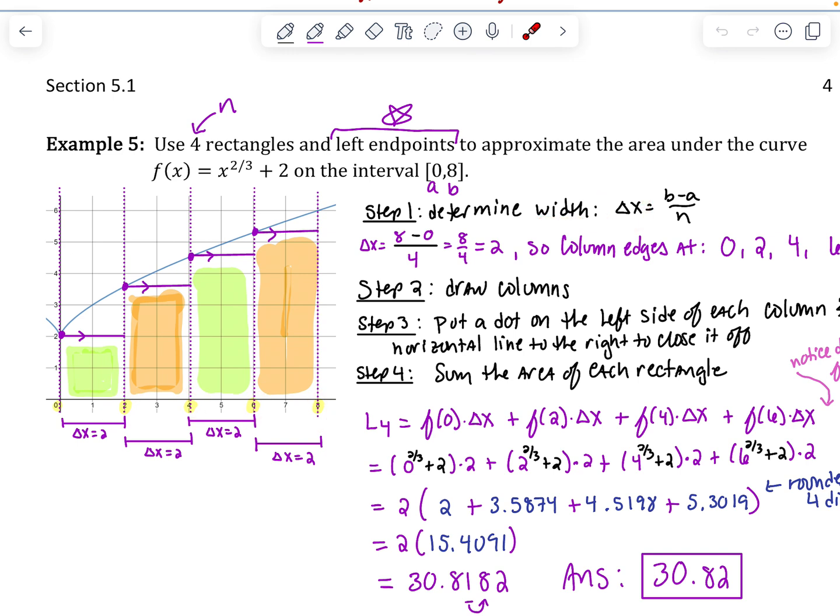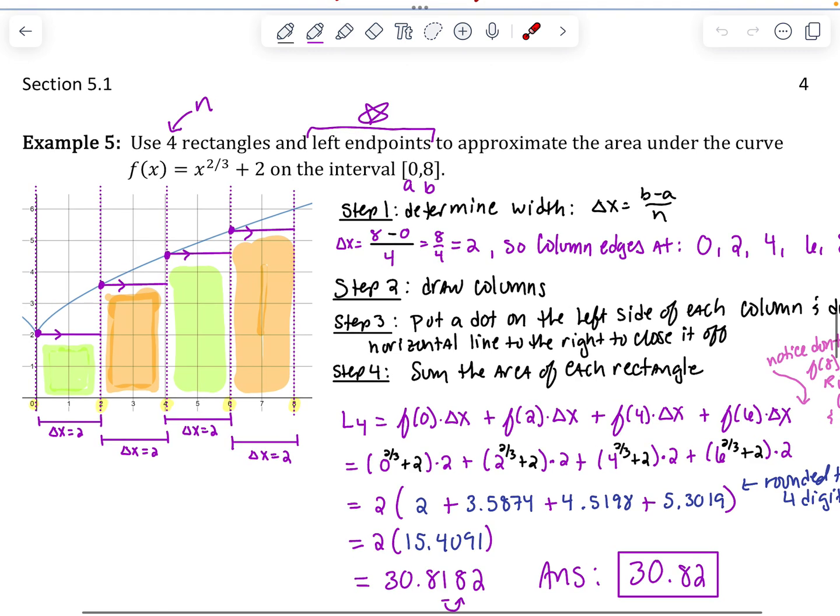For the width, which we refer to as delta x, we have this formula: where does your interval end minus where does your interval start, divided by n, the number of rectangles you want. Our interval ended at 8, it started at 0, and we want 4 rectangles. So we have a width of 2 for each rectangle.